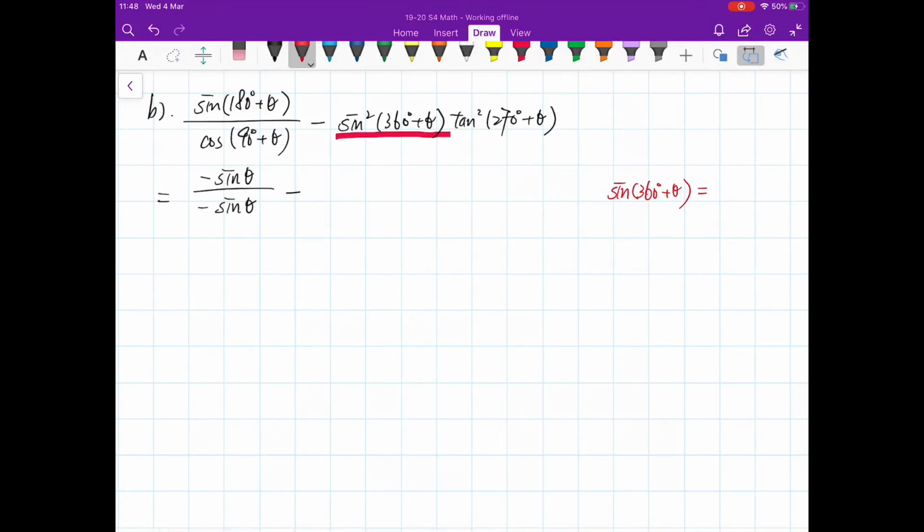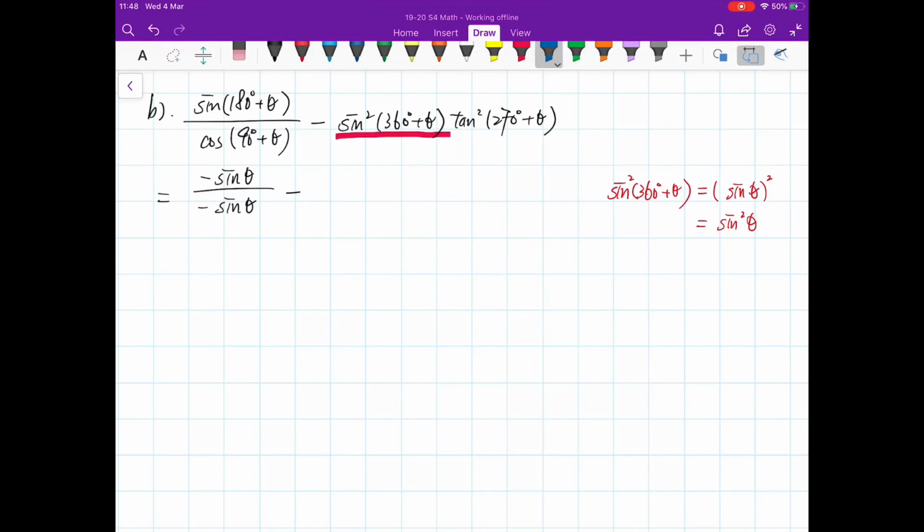Sine 360 degrees plus theta becomes sine theta. Then we put the square on both sides, and we get sine square theta.